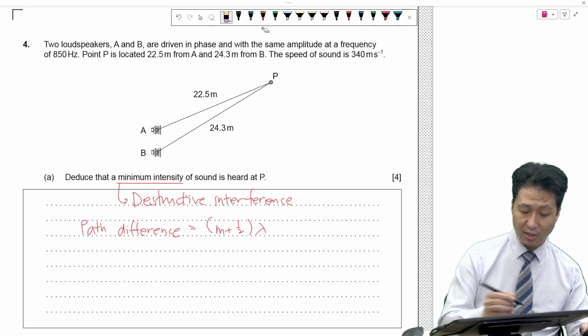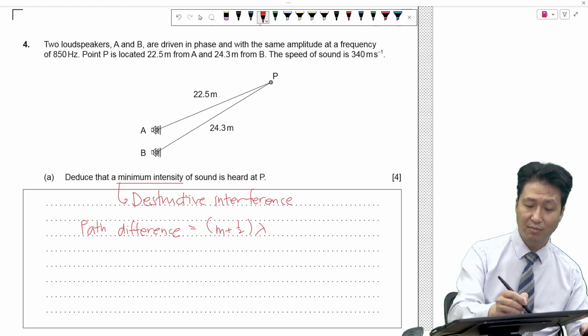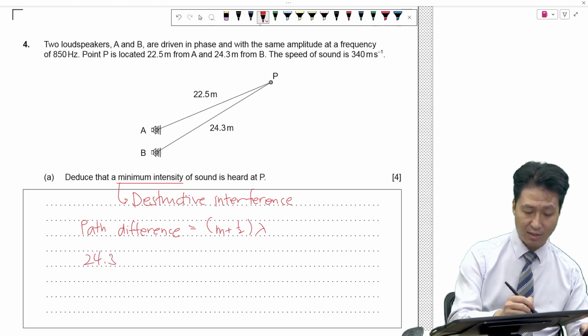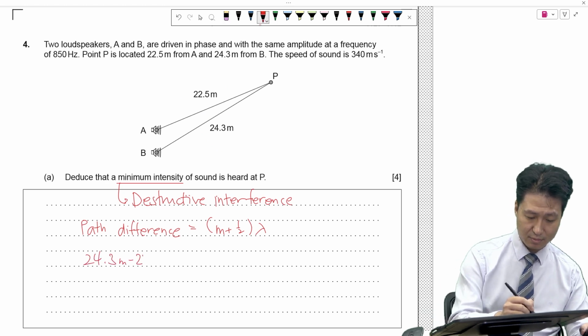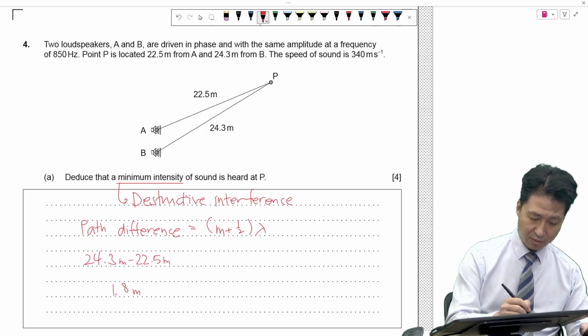Before we start this, we should probably get the path difference, which is going to be 24.3 meters minus the 22.5 meters, which should give you about 1.8 meters.